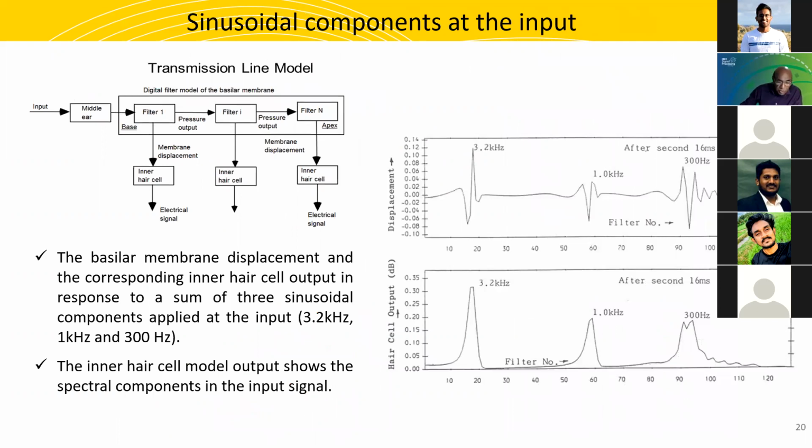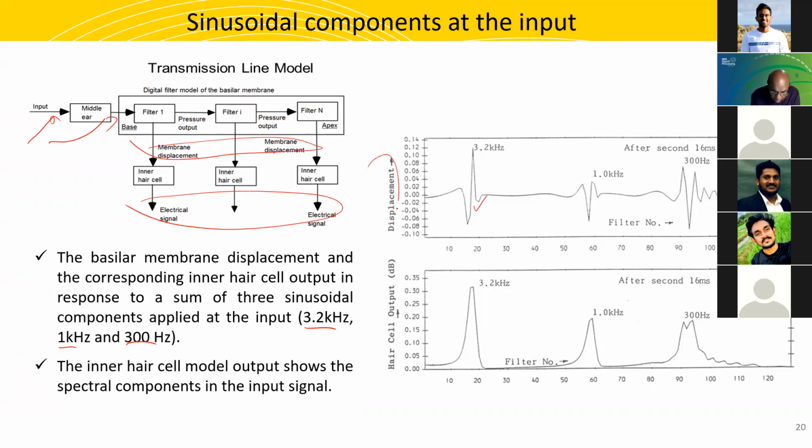Now I'm going to show you the output. I'm going to give an input of three sine waves, 1 kilohertz, 300 hertz, and another one, it doesn't matter. And I'm going to look at the output here, the spatially differentiated output, and then I'm going to look at the output here. If I give the input there, I'll see at three places the membrane vibrates.